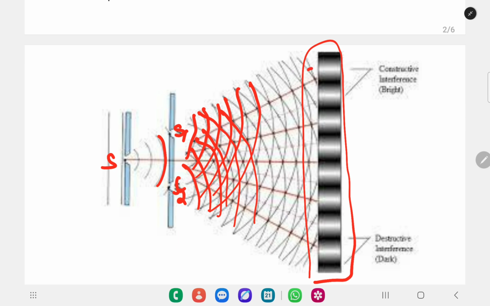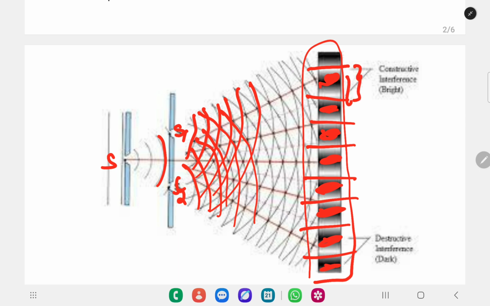You can see the bright fringes here, and these are the dark fringes. This is the interference pattern due to division of wavefront. I hope you understood. The width between two fringes, either bright or dark, is the fringe width, which we have already seen.